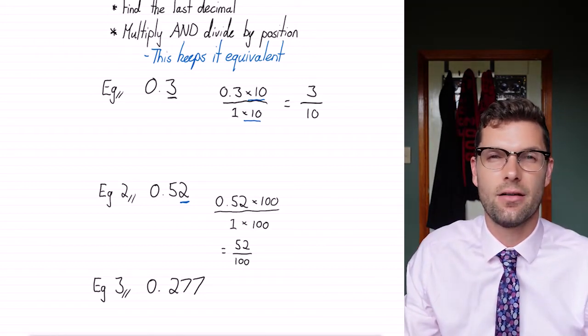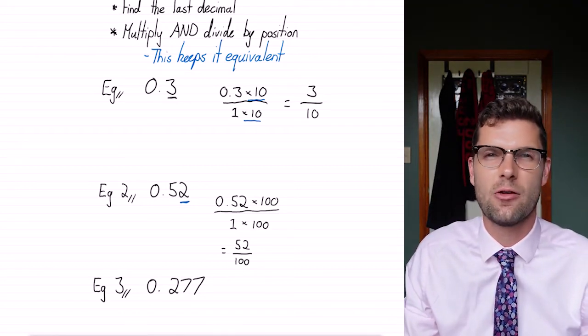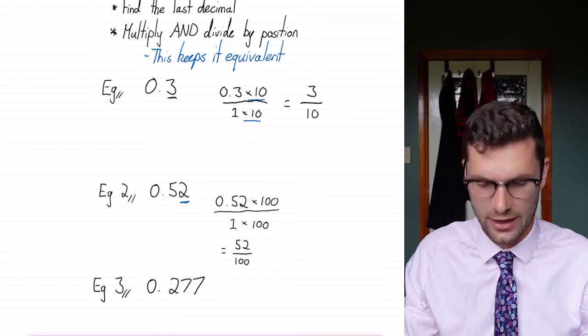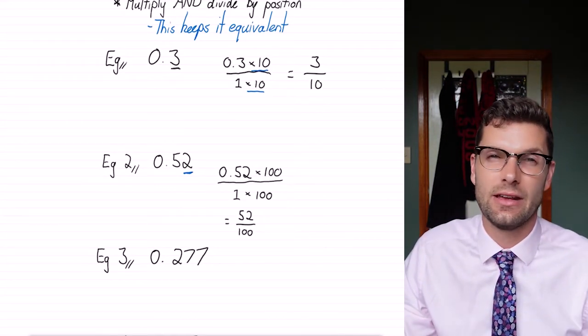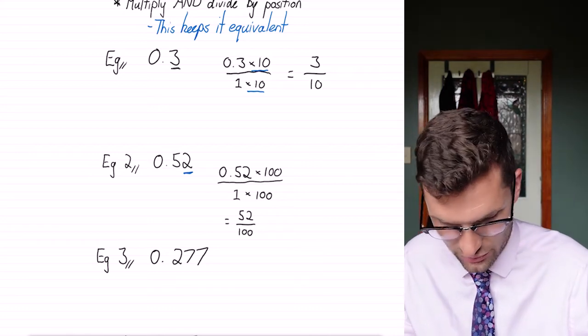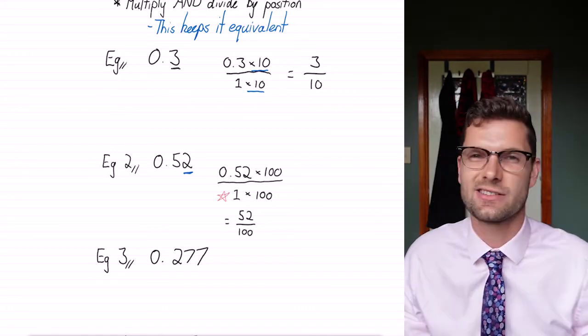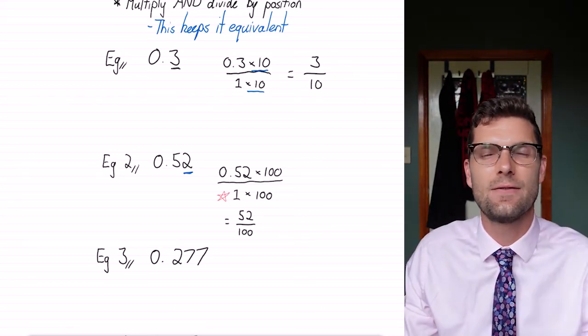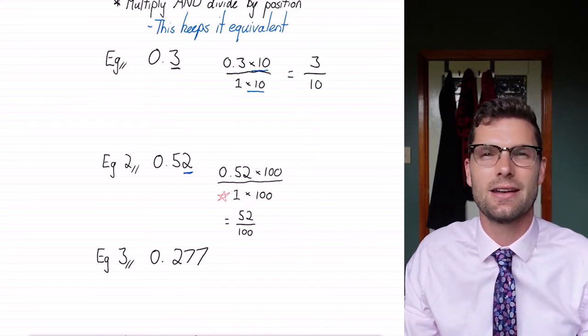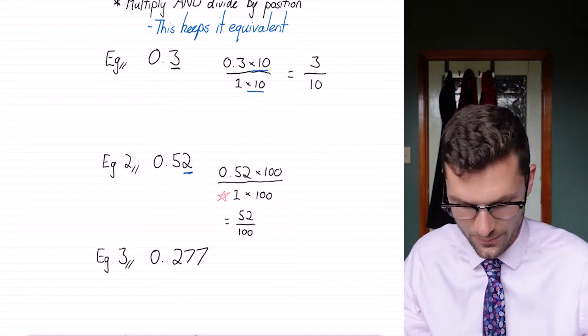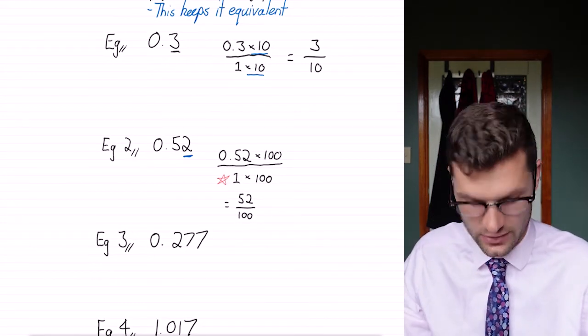Okay, and that is our final answer. We can simplify from there if we need to, but that's not the skill we're practicing today. Okay, so once you get really confident in this, you don't have to write this 1 times 100 out every time. If you know that it's in the 100th position, just put that 100 straight underneath and it'll save you a little bit of time. And that's what we're going to do for this next one.